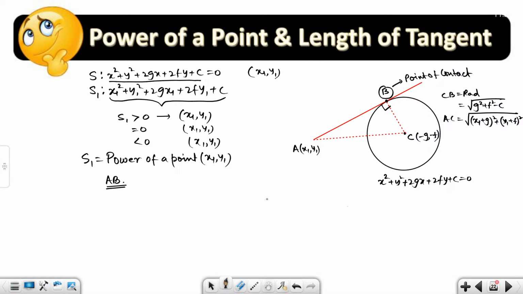So here we can write that AB square plus BC square is AC square. I need to find AB. What is BC? It is nothing but the radius square, which gives us g square plus f square minus c. And AC we got here, the square of it gives us (x1 plus g) whole square plus (y1 plus f) whole square.